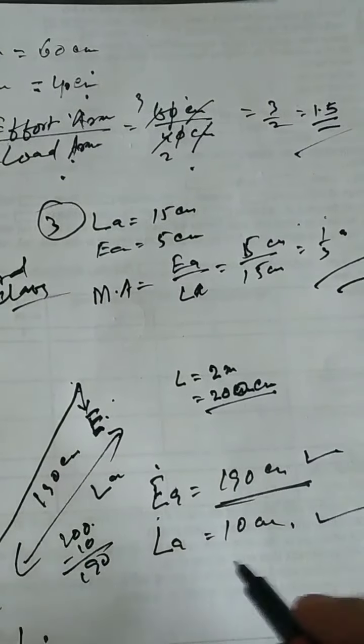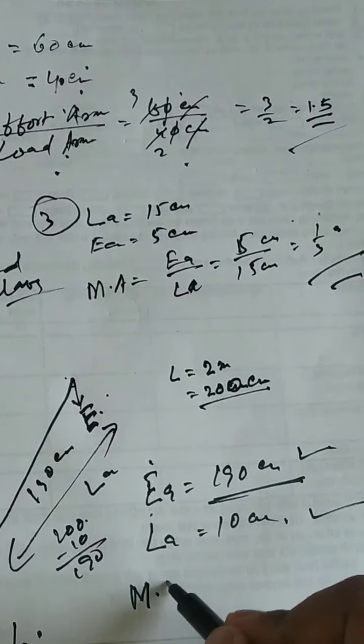Now we can easily find the mechanical advantage. What is the question? Calculate the mechanical advantage of the crowbar. What is the formula for the mechanical advantage? Effort arm by load arm.